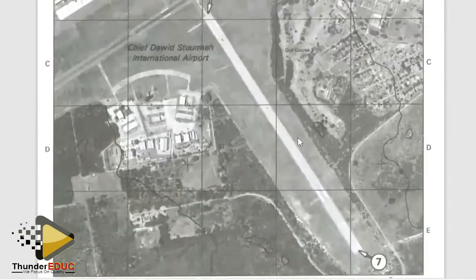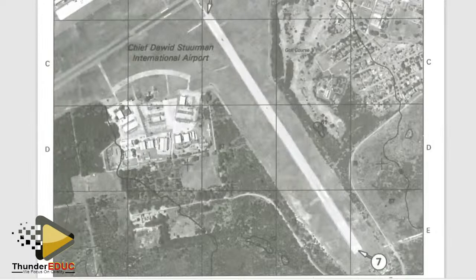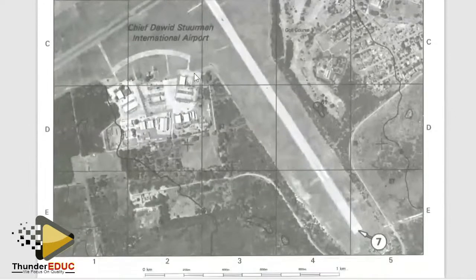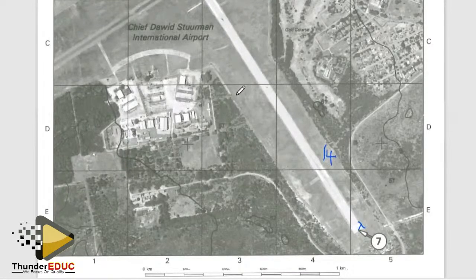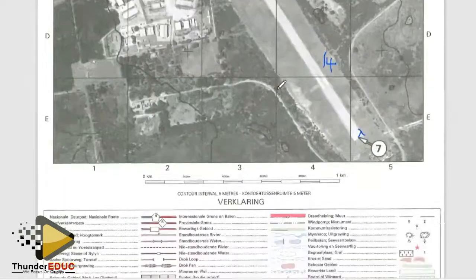We have to measure the straight line distance, in centimeters, from here to 7. When you put your ruler from here to here, the answer I'm getting is 14. You can get 14.1, but it is 14 there.